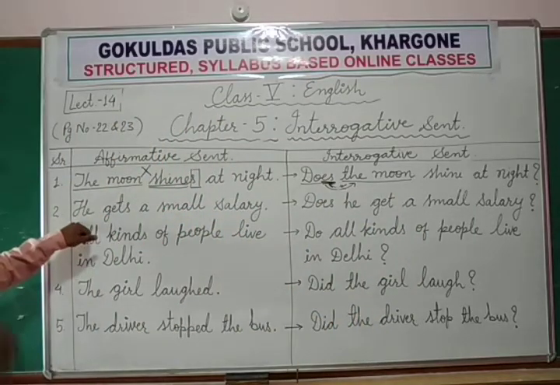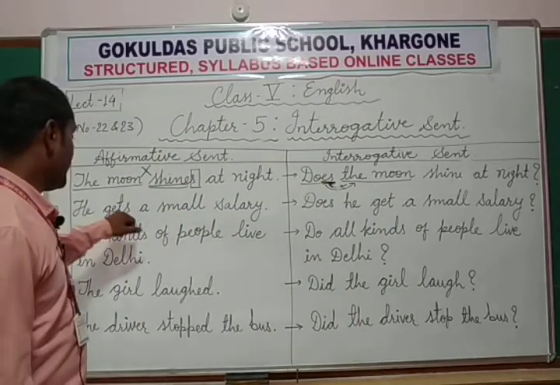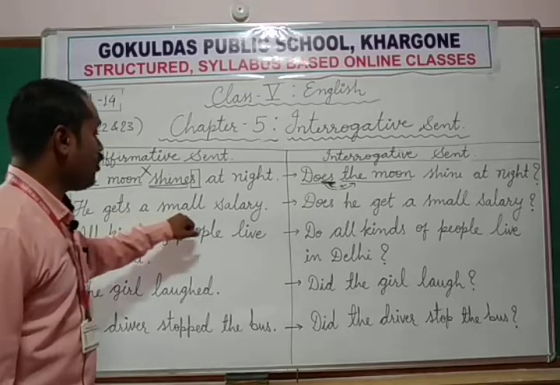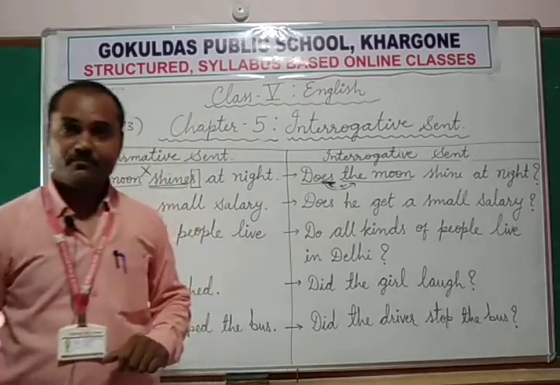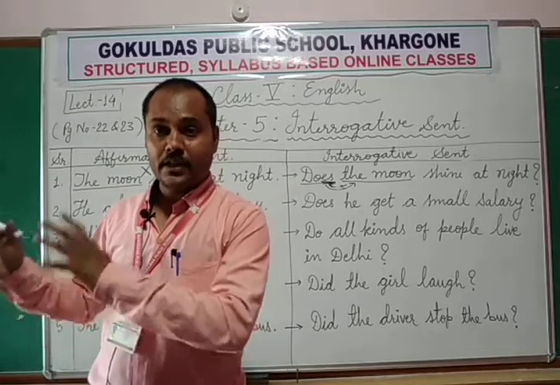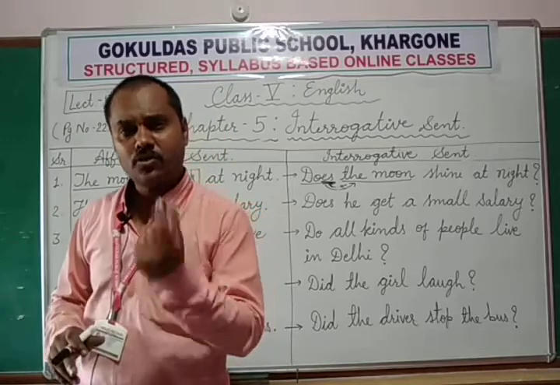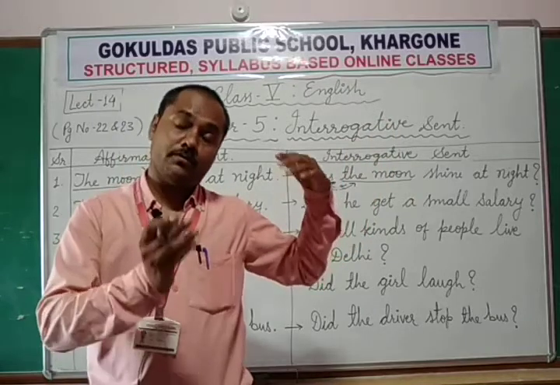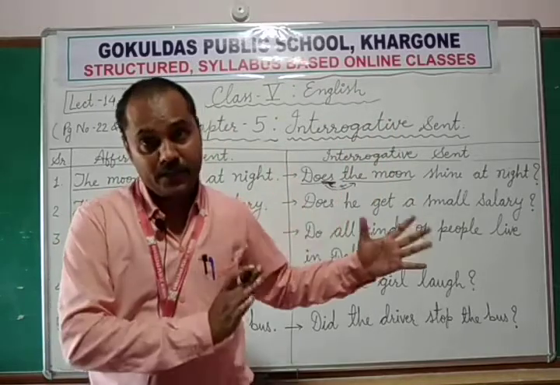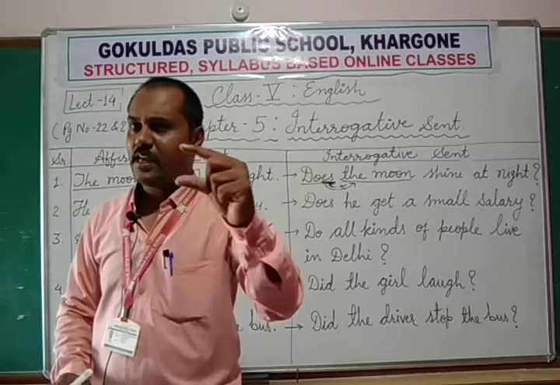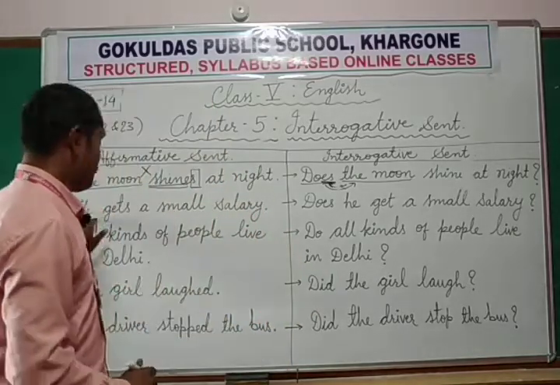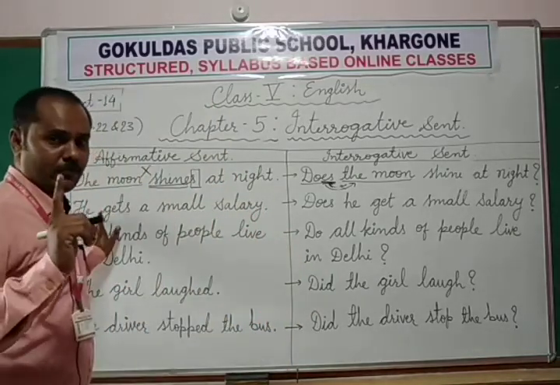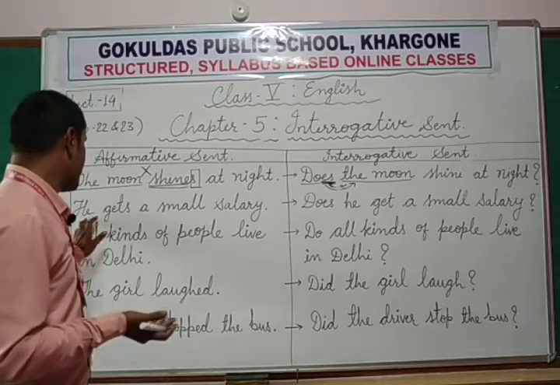Come to the second sentence. He gets a small salary. He is an employee, he is a worker and he is getting a small salary, in comparison to his labor. He means any single person, we are talking about only a single person.